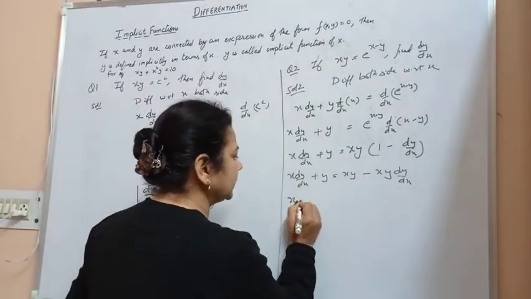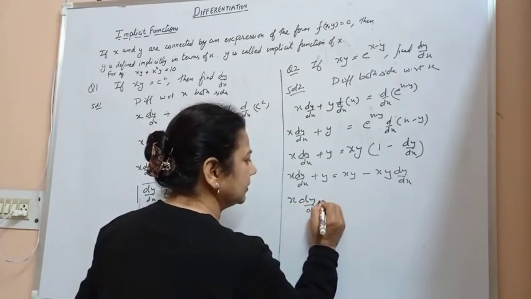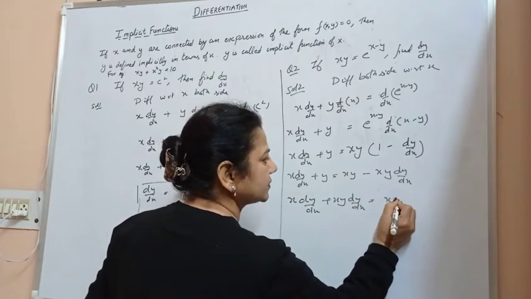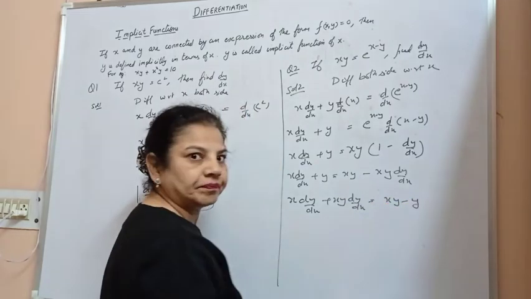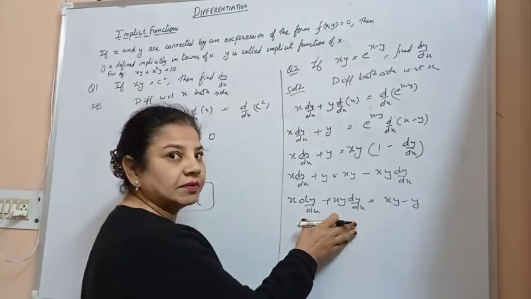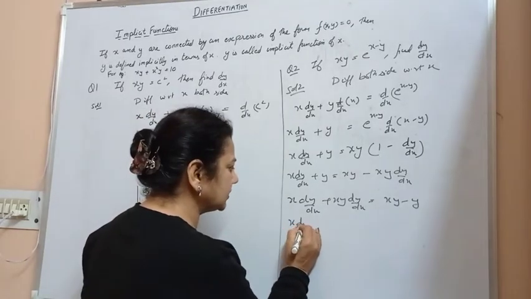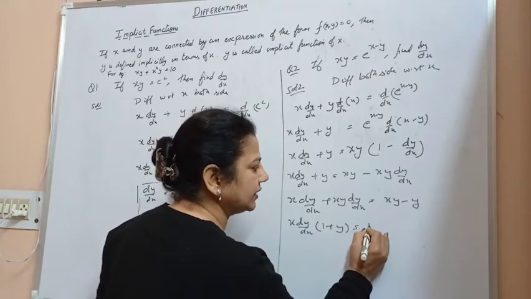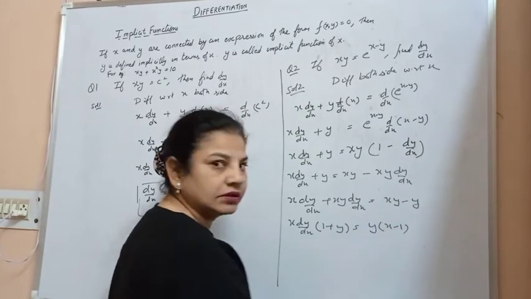I get x dy by dx plus xy dy by dx is equal to xy minus y. From here I take x dy by dx common, left with 1 plus y, and on the right I take y common, left with x minus 1.